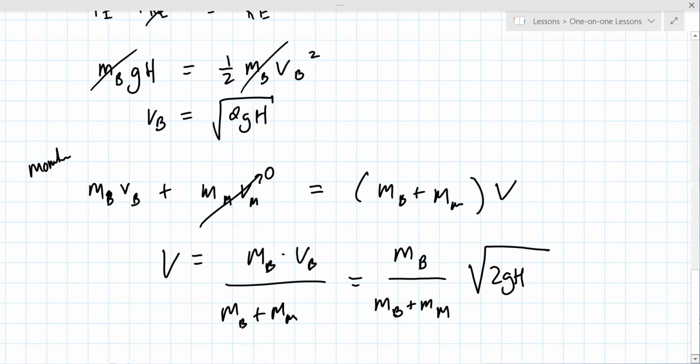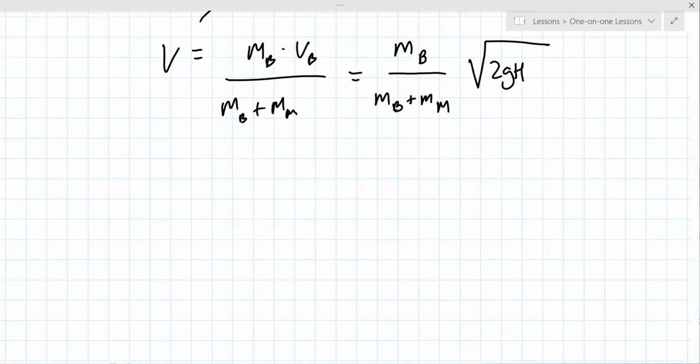The work energy theorem here says that the kinetic energy final minus the kinetic energy initial equals the work that's done. And the final kinetic energy is 0 because it stops after a distance s.